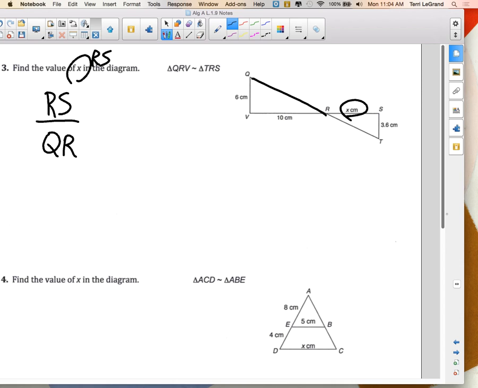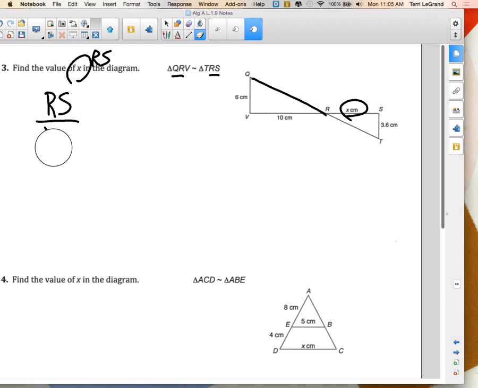RS is right there. In the other one, QR, are they in the same position in the name? So then that means they're not in the same position in the triangles either. So which one should it be instead of QR? It should be RV or VR, yeah. Okay.